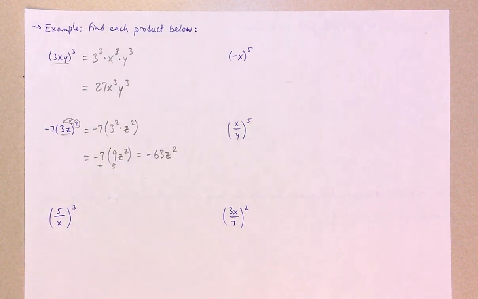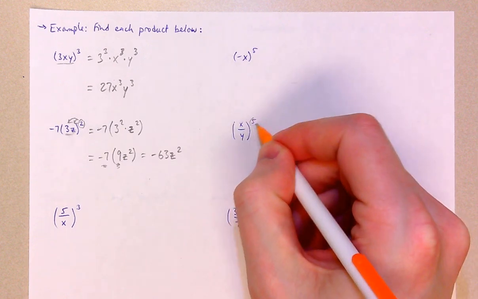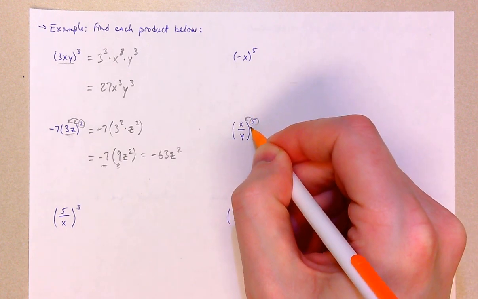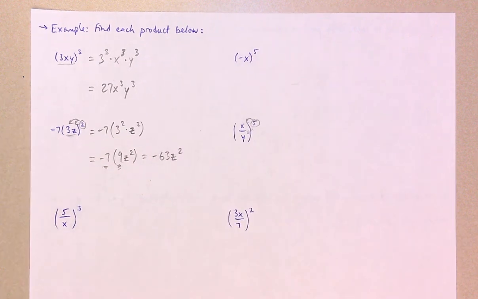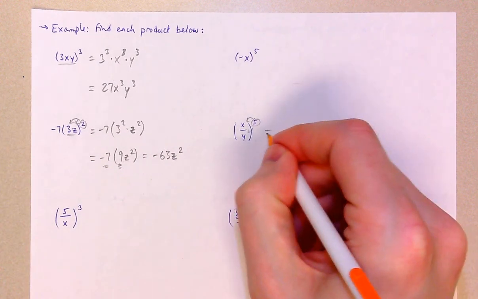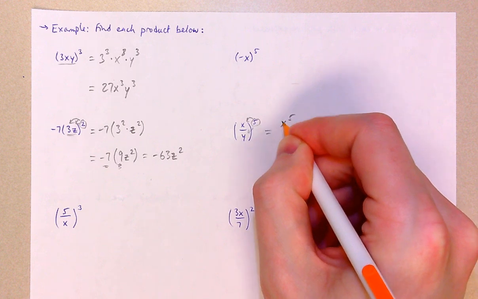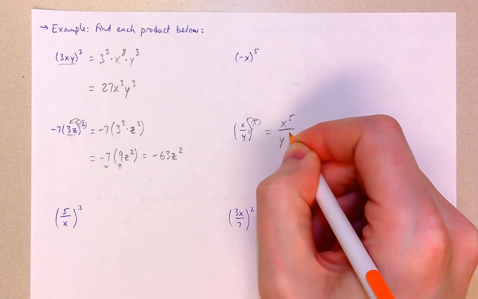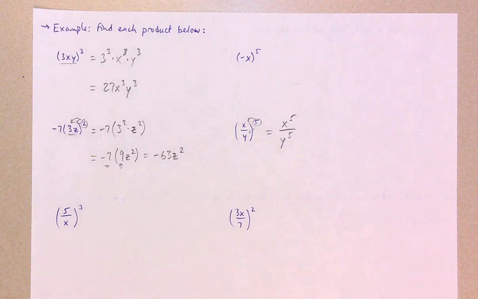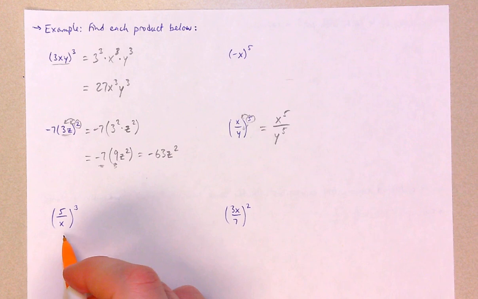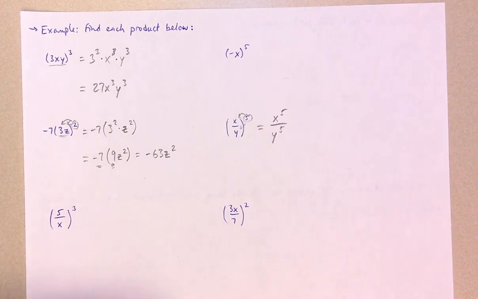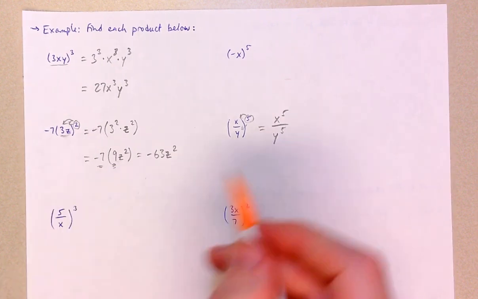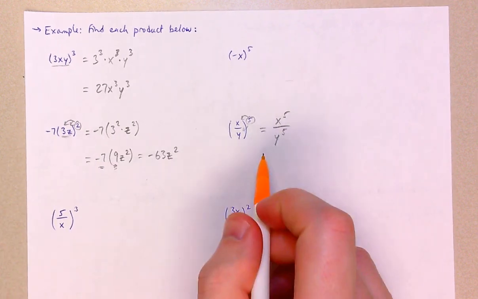So we can use one of our properties, and I can just distribute this 5 as a power for the x and a power for the y. So this is the same thing as x to the 5th power divided by y to the 5th power. I'll let you do this one on your own. You should not have any troubles with that if you understand this first one that we just did here.